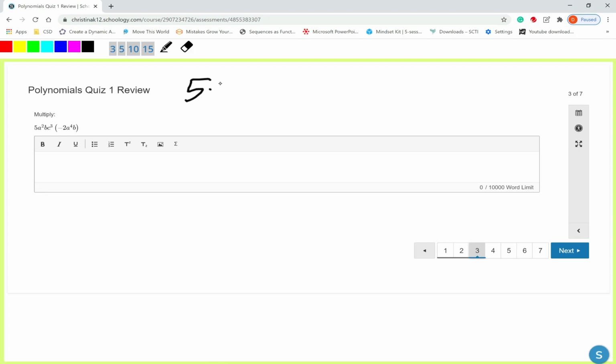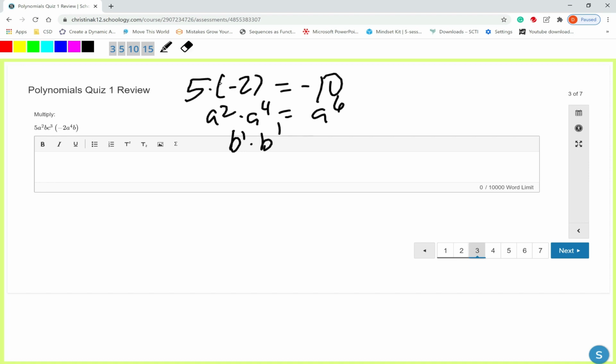That's going to give me a negative 10. And then a squared times a to the fourth, that's going to be a to the sixth by adding the exponents. B to the first times b to the first, which really we don't see the first, but there's an imaginary 1. That's going to be b squared, and the c to the third is kind of hanging by itself.